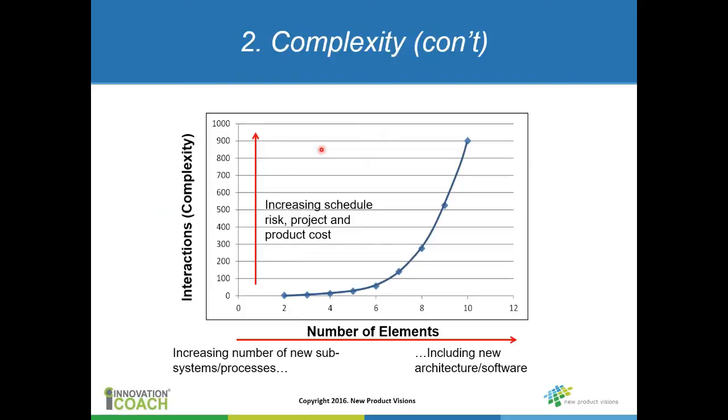There's actually a mathematical representation of this concept. If you just look at the number of elements in a system and how they can all theoretically interact with one another, the number of interactions, as you can see, goes up logarithmically.